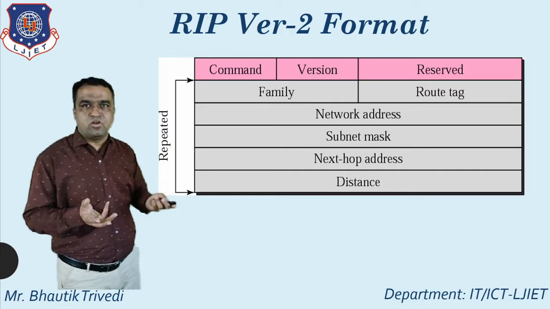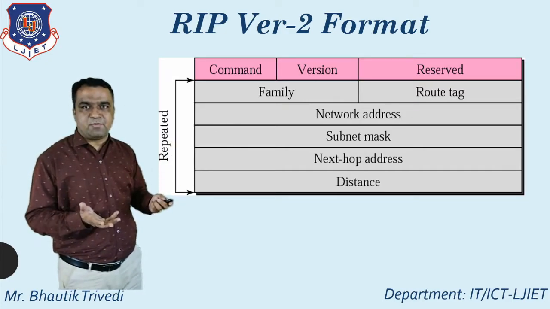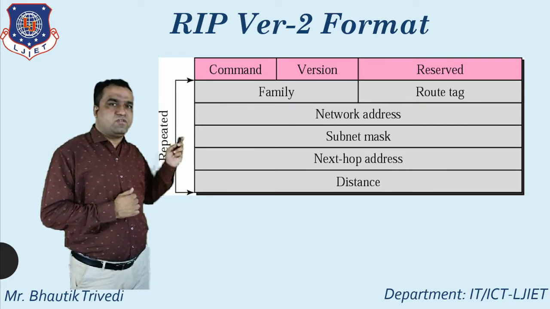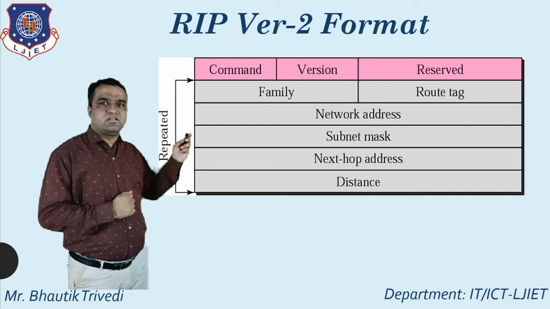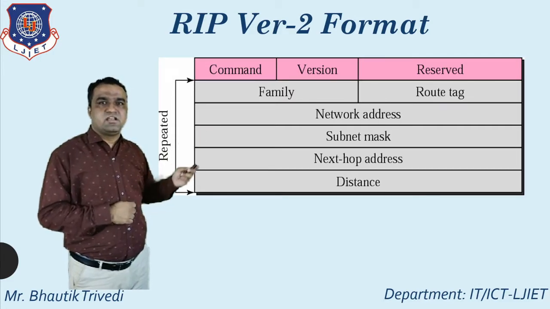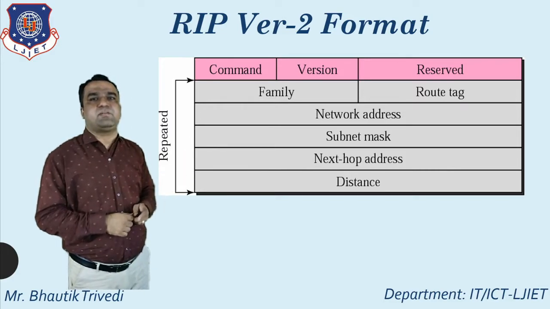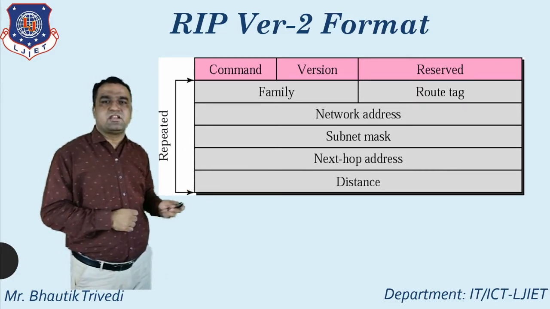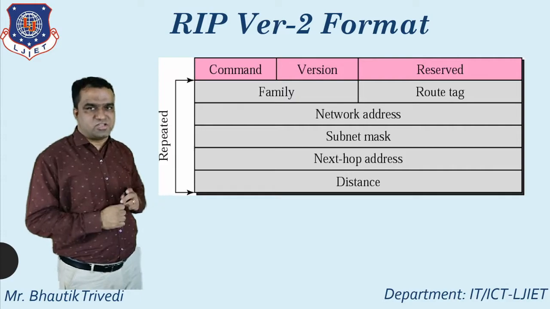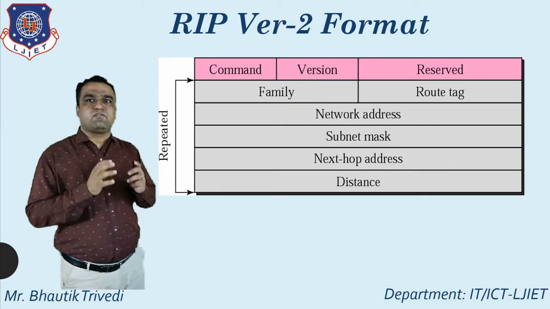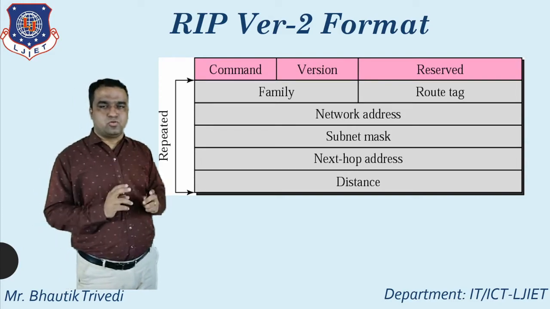Family, as you know, is generally 2 for TCP/IP. Here is one new field, the routing tag. Then the network address. Then the all zeros that can be replaced with the subnet mask and next hop address. And the last one is the distance. So this is the message format for RIP version 2.